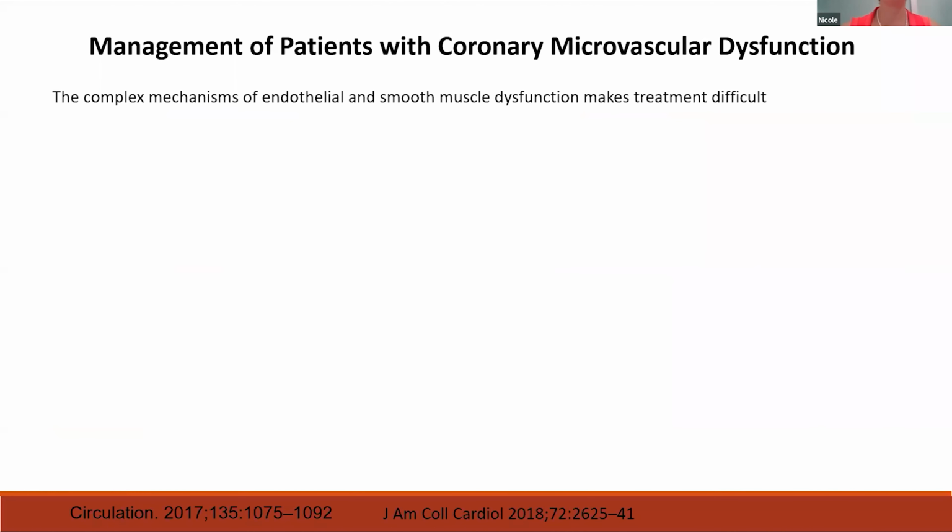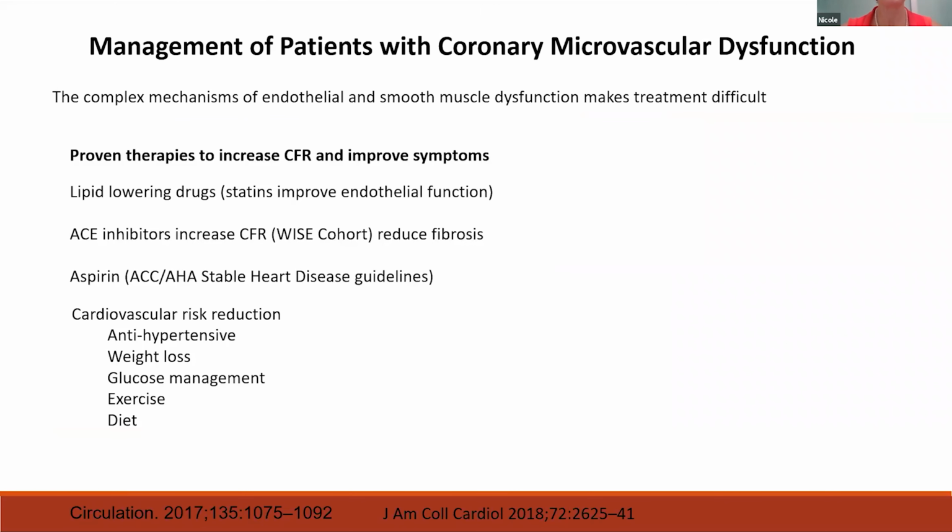So how do we manage patients with coronary microvascular dysfunction? Obviously, the mechanisms underlying endothelial and smooth muscle cell dysfunction make treatment difficult because they're very complex. However, we do have proven therapies that will increase coronary flow reserve and improve symptoms, such as statins and ACE inhibitors, as evidenced within the WISE cohort to increase CFR and reduce fibrosis, as well as adding on aspirin therapy.